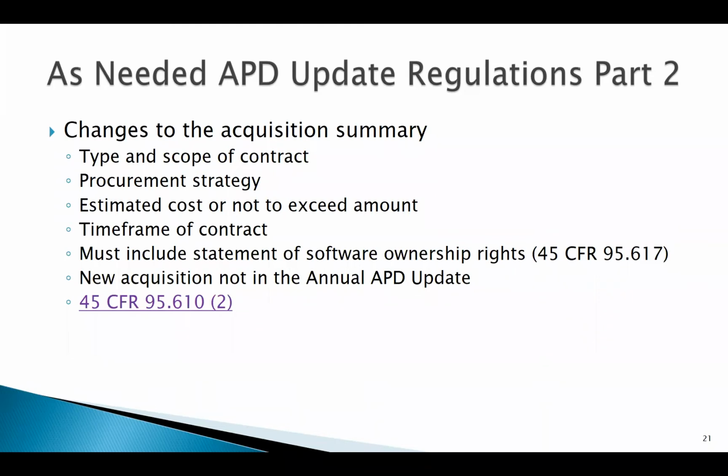If there are any changes to any contracts with regard to type and scope of the contract, procurement strategies, estimated costs, not to exceed amount, timeframes, you must include the statement of software ownership rights, which are at 45 CFR 95.617, and a new acquisition and or contract that was not in your annual APD. Next slide.